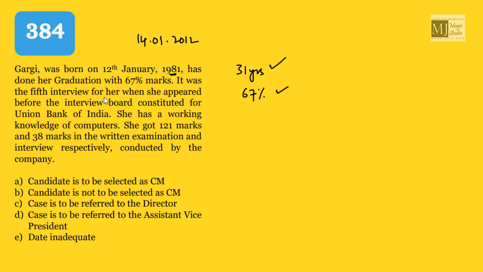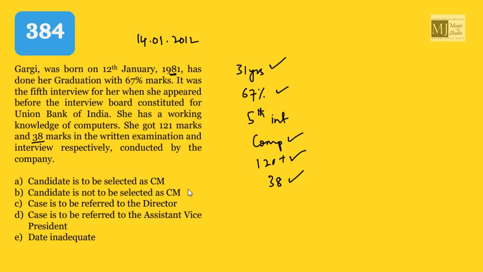It was the 5th interview of her when she appeared before the interview board constituted for Union Bank of India. She has a working knowledge of computers. Done. She got 121 marks and 38 marks in the written and interview respectively. 120 plus marks. Done. 38 marks, which are more than 30 marks. Done.